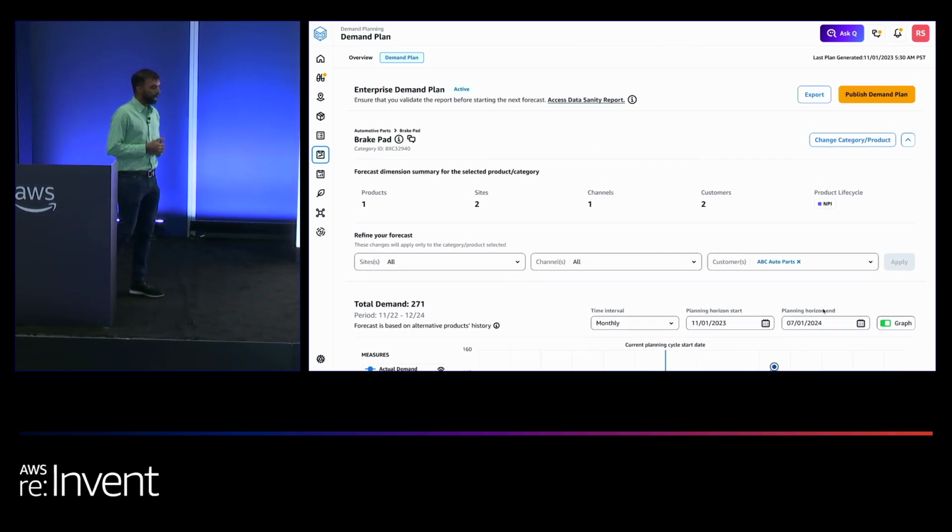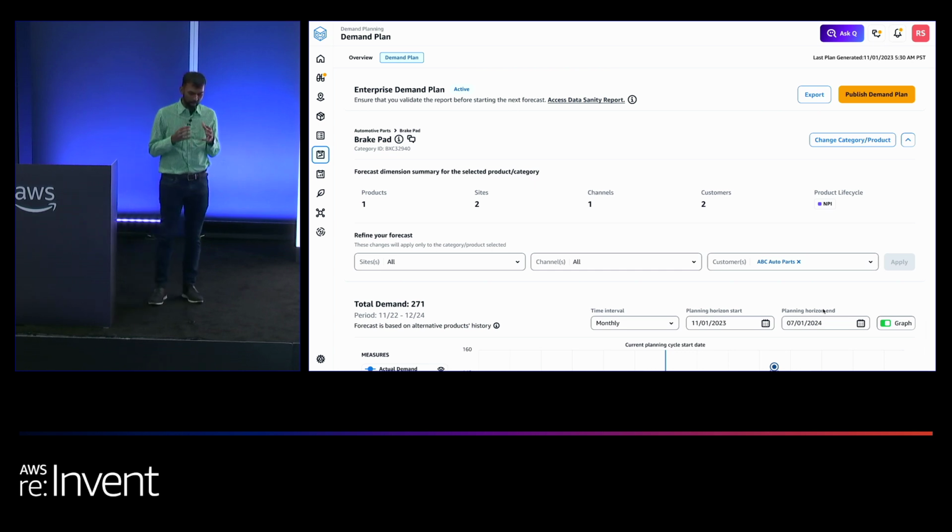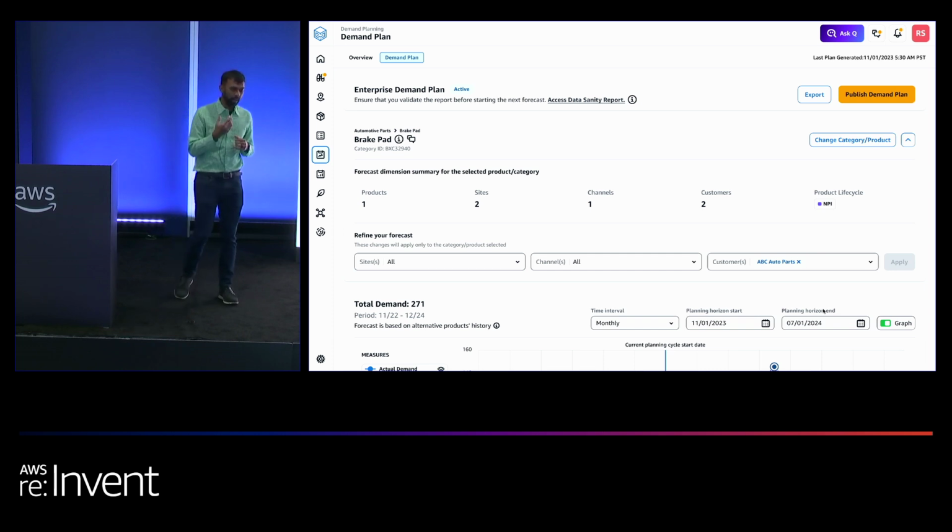So let me quickly summarize. We looked at AWS Supply Chain being a purpose-built business application that runs machine learning algorithms to let you run a resilient supply chain. Specifically today, we looked at the demand planning capability, which generates accurate forecasts using machine learning algorithms. And we also saw a couple of things.